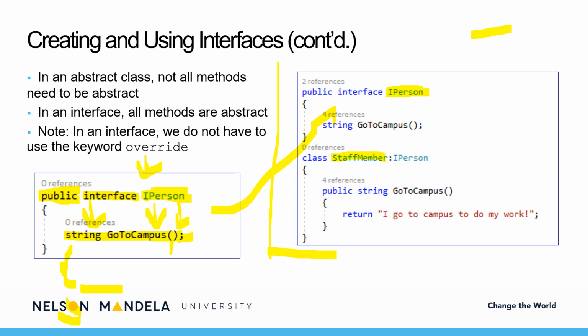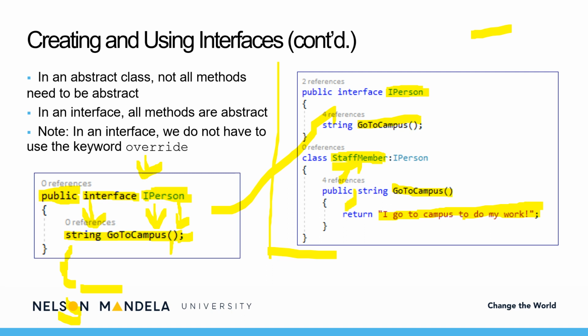So over here, the staff member's implementation of this method, the go to campus. What do you do when you go to campus as a staff member? I go to campus to do my work. So that's the staff member's implementation of the go to campus method.